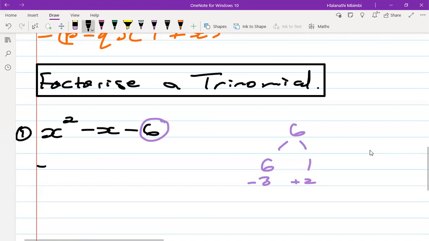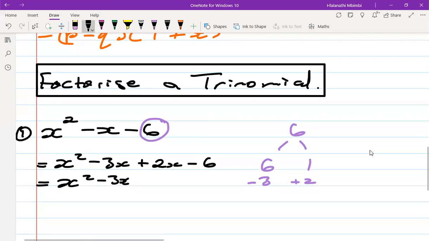Now, when you go right there, you say x squared minus 3x plus 2x minus 6. When you look at your expression, you have not changed anything. That makes absolute sense to me. Then you group the first ones.